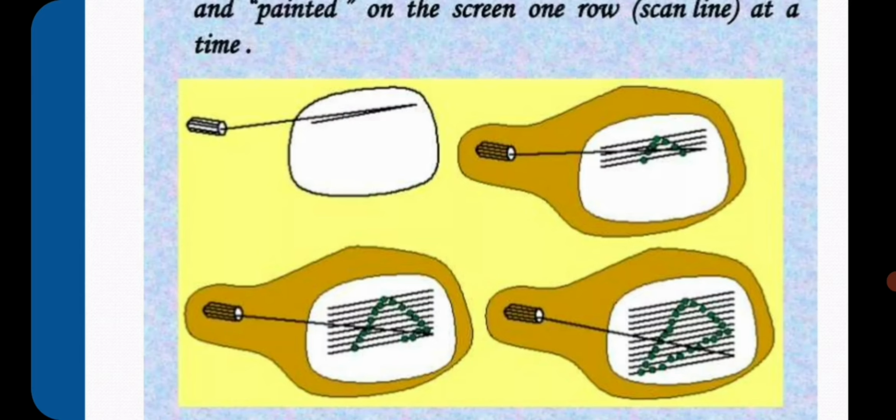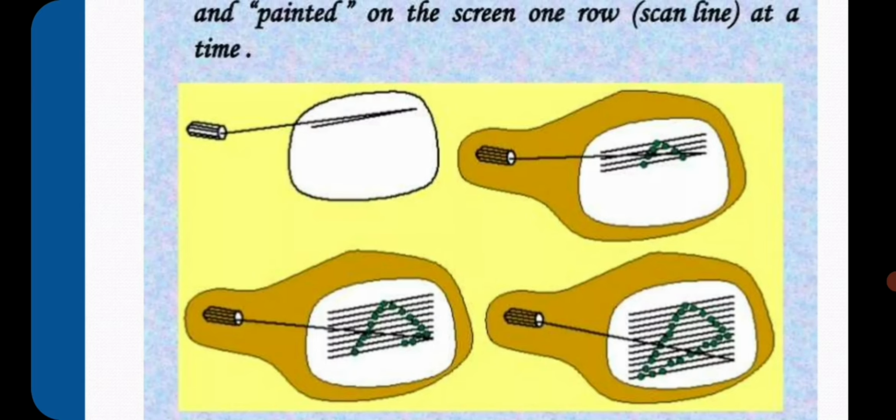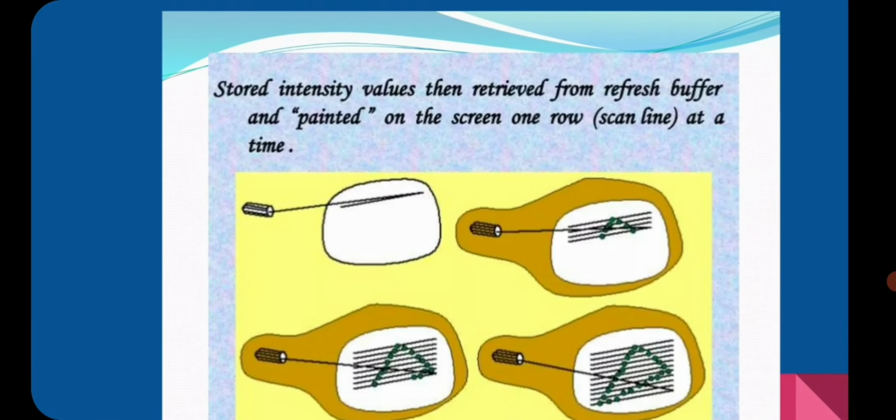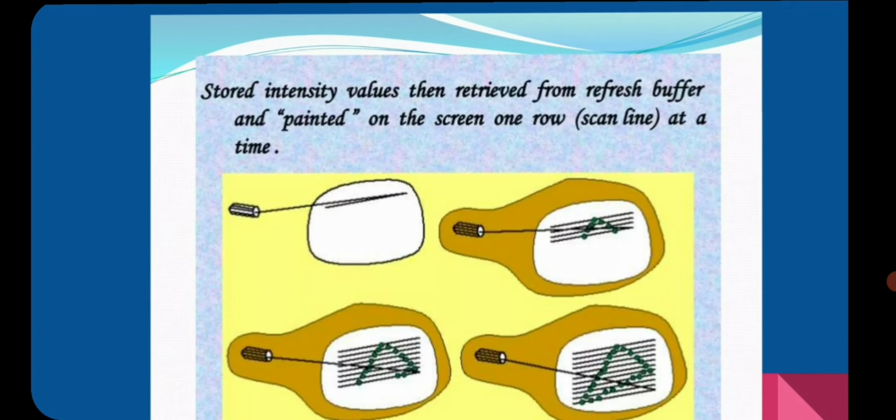You can see the first line is drawn, and then all the lines are illuminated one by one, and it comes down the screen. As and when the line is swept across from top to bottom, wherever the picture has to be drawn, those spots are illuminated. Those values are taken from the refresh buffer, and this is how the image forms on the raster scan display.